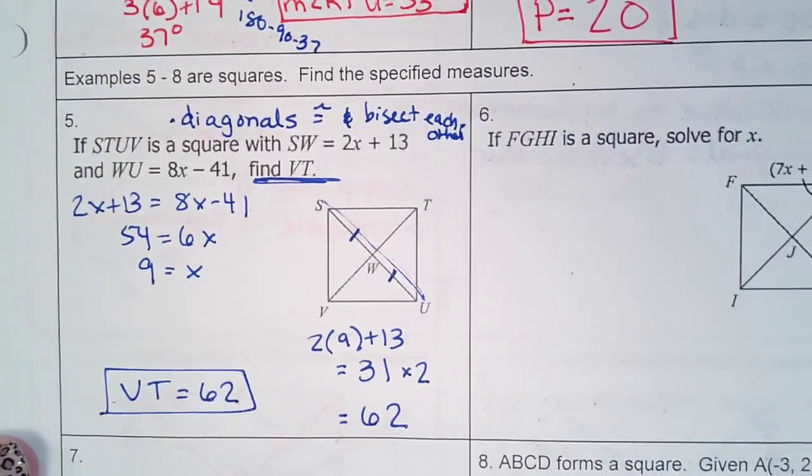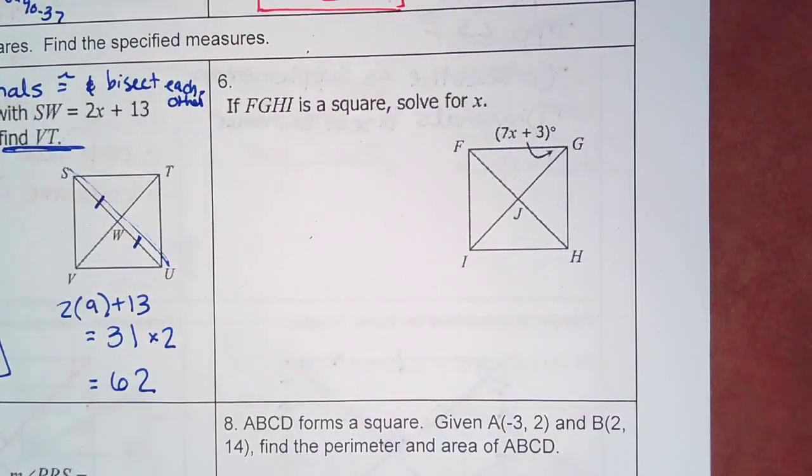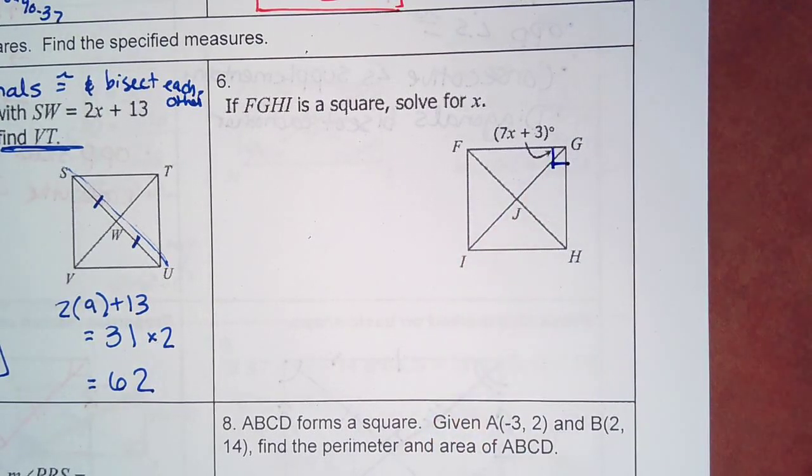The next one, if FGHI is a square, solve for x. So what I know about a square is that I have 4 right angles, and I know that the diagonals bisect the angles.